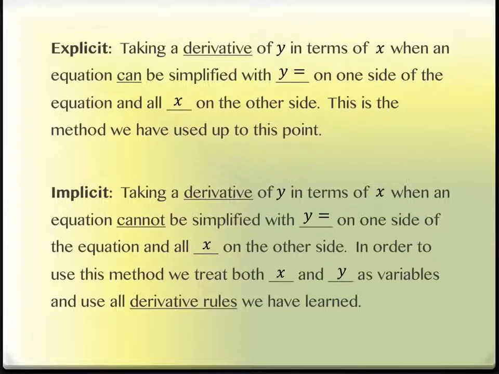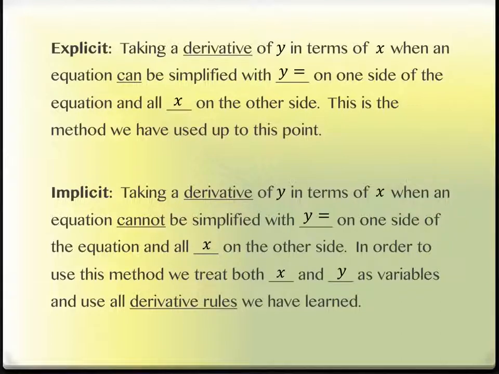It seems like we should still be able to find tangent lines to a circle, but we have a problem because a circle doesn't have the nicest and neatest, cleanest way to be written as a function. It becomes complicated. It would at least need piecewise properties. And sometimes it's not even possible to rewrite it as y equals with x only on the other side.